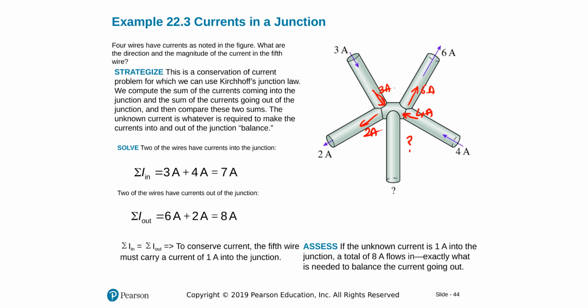You will add all the ins, you'll get 7 ampere, incoming 3, incoming 4, 7 ampere. You add all outs, you'll have outgoing 6, outgoing 2, 8 ampere. Whichever is missing some, that's your answer. 7 is smaller than 8 ampere, so the one here should be incoming 1 ampere to complete and make I in equal to I out.